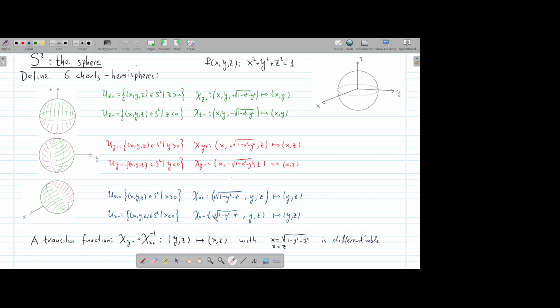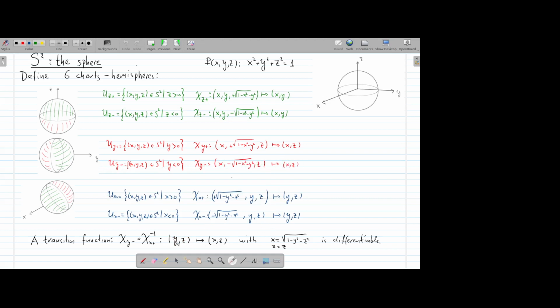You can easily work out coordinate transformations between any pair of those charts, and it is a nice mental exercise to do so. So let's consider a coordinate transformation from the x plus hemisphere to the y minus hemisphere. So this will start from this coordinate system, giving us coordinates for the same point in the y minus, which is this coordinate system.